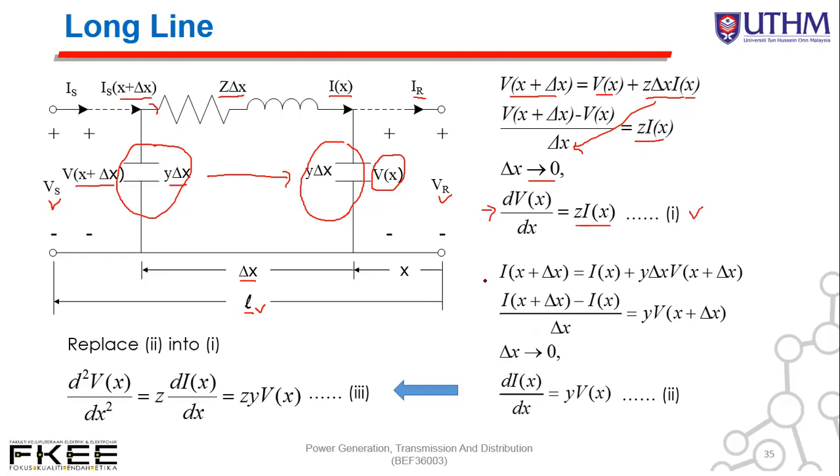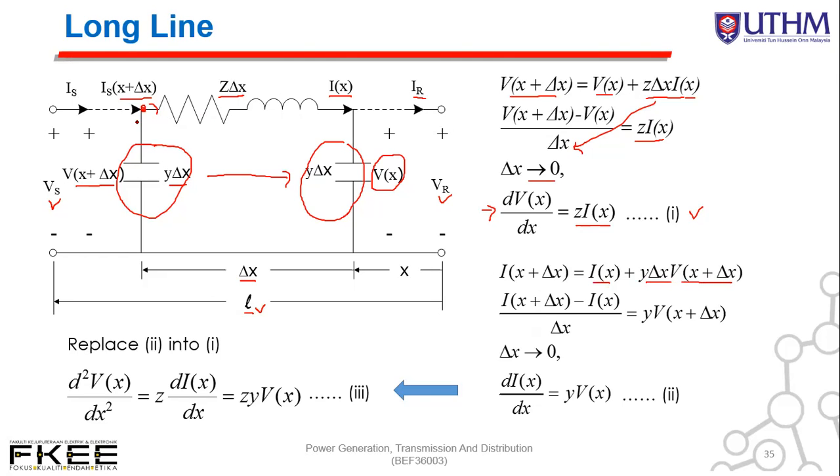Then for the current, Ix plus delta x is nothing but the current at this point. We use KCL, so Ix plus delta x equals Ix, the current here in the transmission line, plus Y delta x times Vx plus delta x.